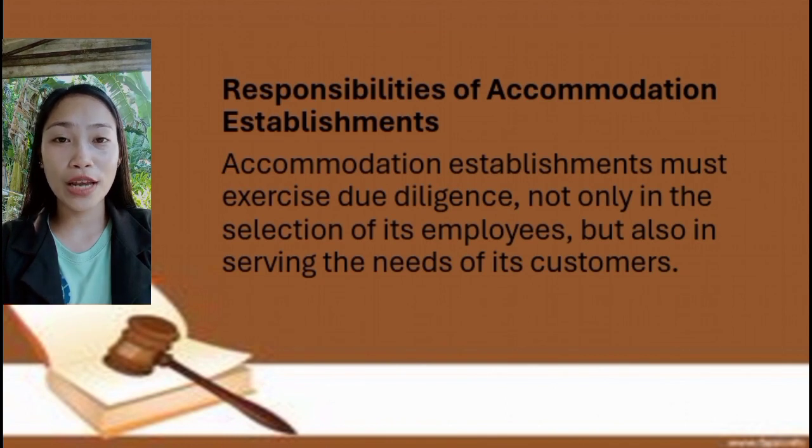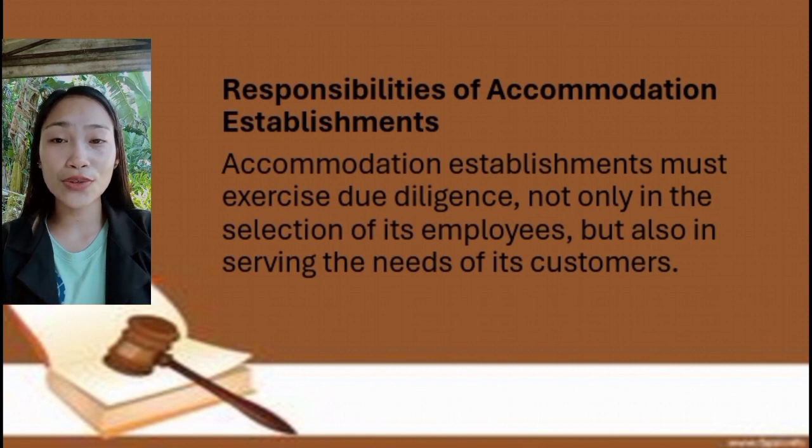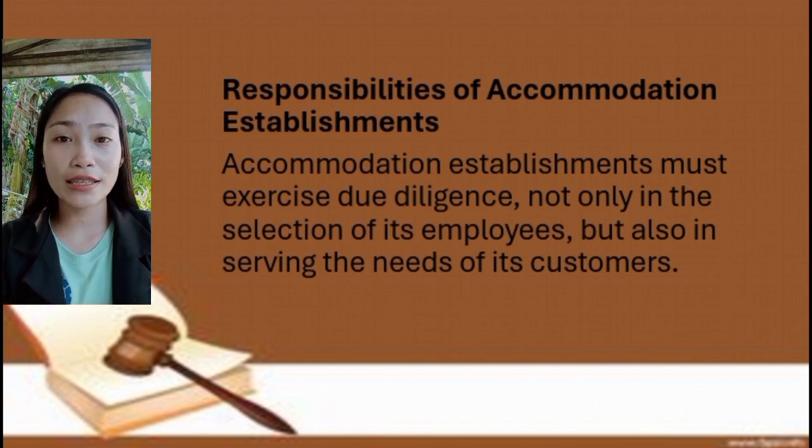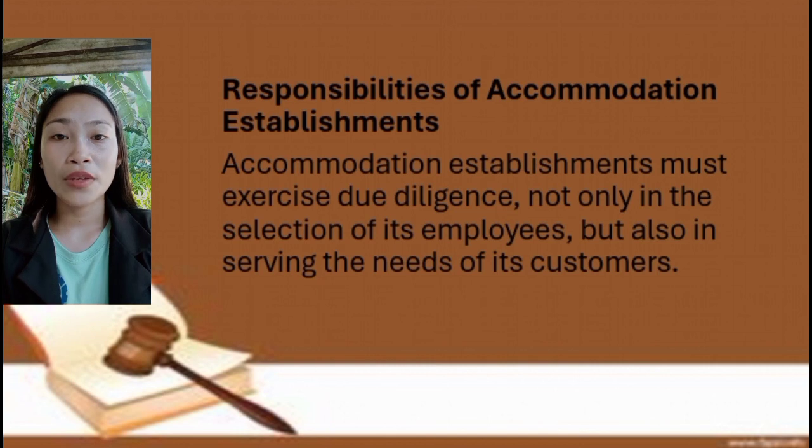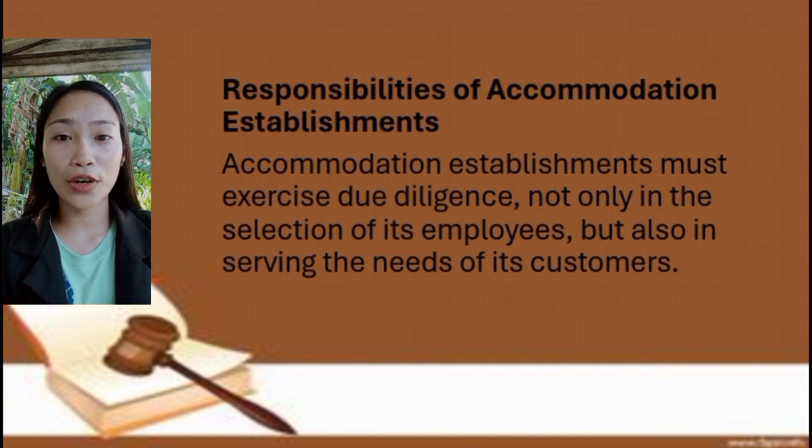Responsibilities of accommodation establishment. Accommodation establishments must exercise due diligence not only in the selection of its employees but also in serving the needs of its customers. Under Article 1170 of the new Civil Code, those who, in the performance of their obligations, are guilty of negligence are liable for damages.